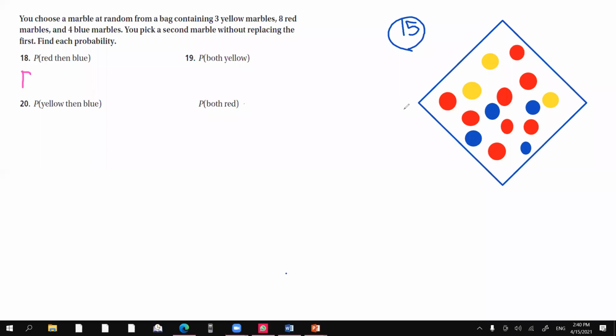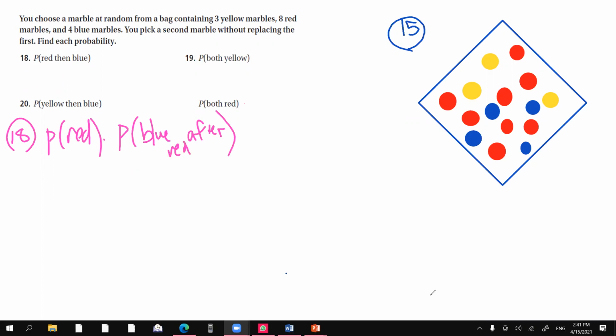So I have to say the probability of red times the probability of the blue after a red. Now, how many red do we have here? 8 over 15. We have 8 red over 15. Bravo.